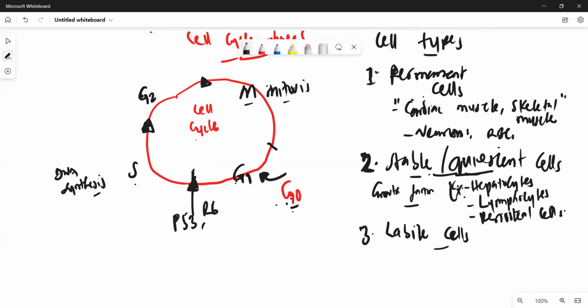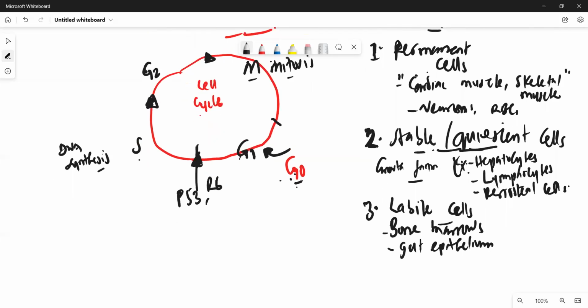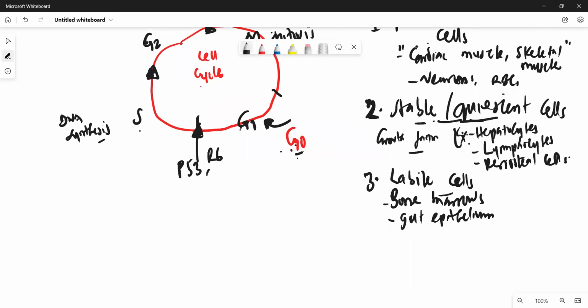Examples of those cells include cells that are constantly being replenished in our body. Bone marrow, because we need to be making blood cells every time. Our gut epithelium is also there. Our skin is also part of this.